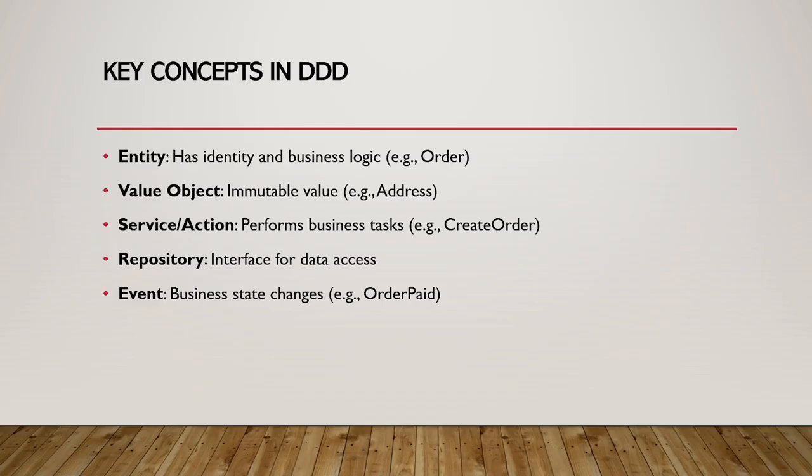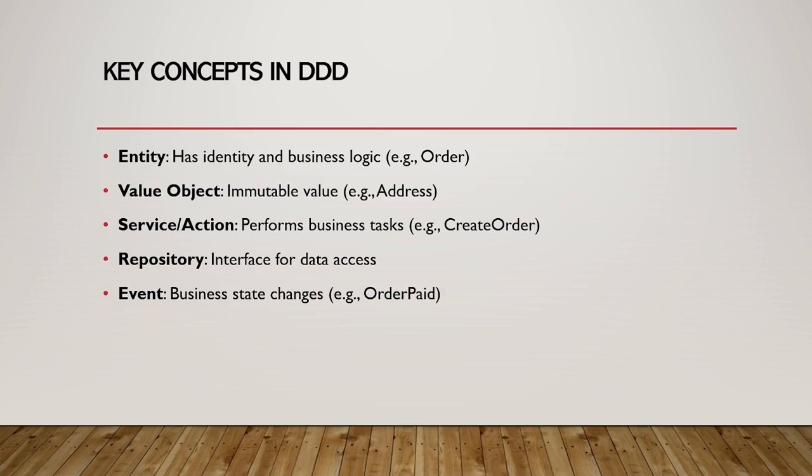These are the key concepts in DDD. Let's break down the core building blocks of DDD. First, entity. This is an object that has an identity and contains business logic, for example, an order that can be marked as paid.